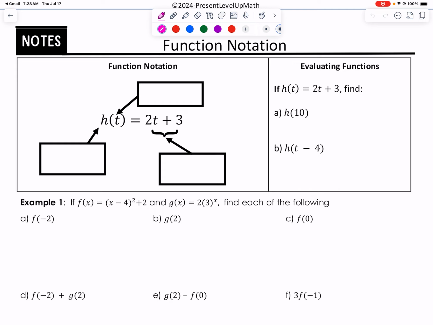So in this problem, we have h of t is equal to 2t plus 3. The h represents the function name. The t represents our input variable.